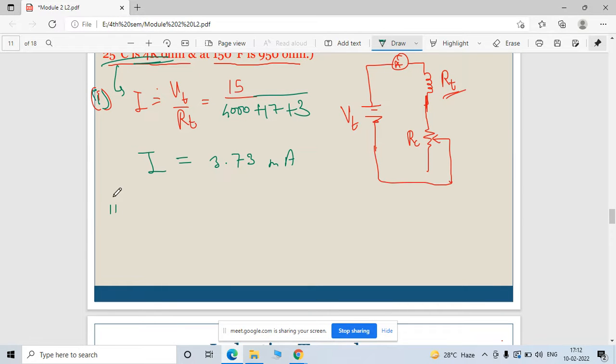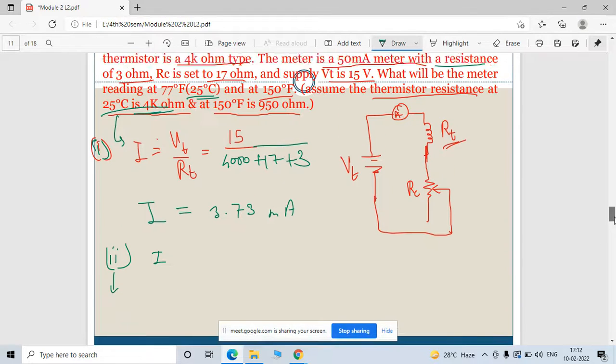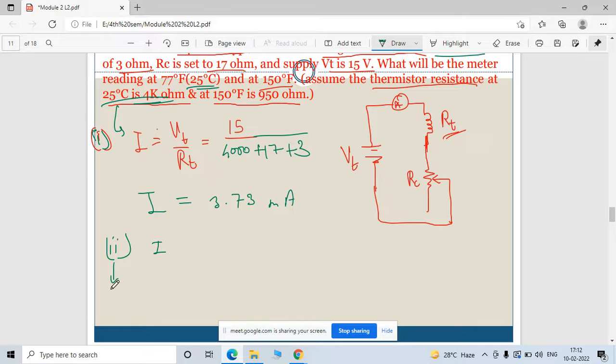Guys, 2 minutes more. Wait a minute. What is in the second case? The same values, but the second time you need to take the resistance at 150 degree Fahrenheit. Okay, so at this temperature your thermistor resistance is 950 ohm. So the current value is nothing but the 15 volt output voltage divided by the resistance 950 plus 17 plus 3.